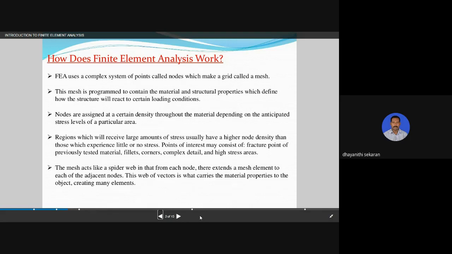Points of interest may consist of fracture point of previously tested material, fillets, corners, complex detail, and high stress areas. This mesh acts like a spider web; from each node there extends a mesh element to each of the adjacent nodes. This web of vectors is what carries the material properties to the object, creating many elements.